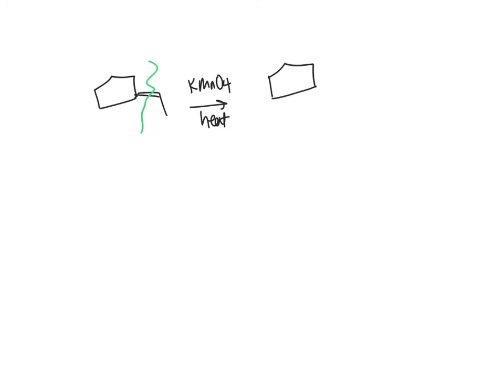Predict the products for the following reaction. Okay, obviously we're going to cleave this. We have heat. So what I like to do is just go like that, and then I redraw. You see that the first one has a carbon and a carbon, so it's going to be a ketone.